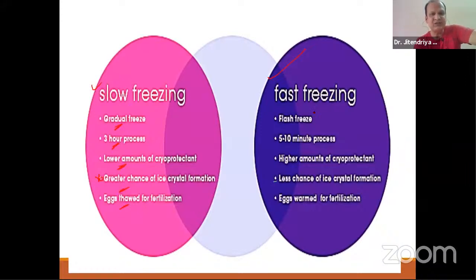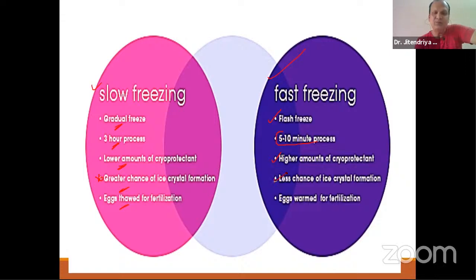Whereas fast freezing is the rapid one, as we have discussed. Within 5 to 10 minutes the process is over. Higher amounts of cryoprotectants are needed because you are incorporating the tissue in a rapid way, so it must have a higher coating material.